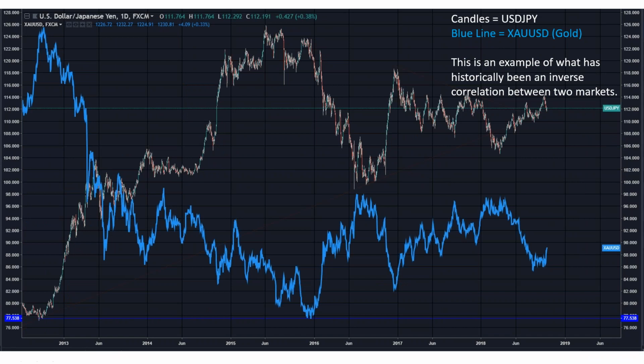Okay, so this is an example of an inverse correlation as we are speaking to that potentiality. This is dollar yen and gold. So dollar yen is historically inversely correlated with gold.